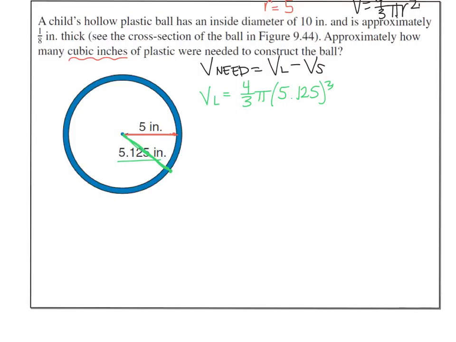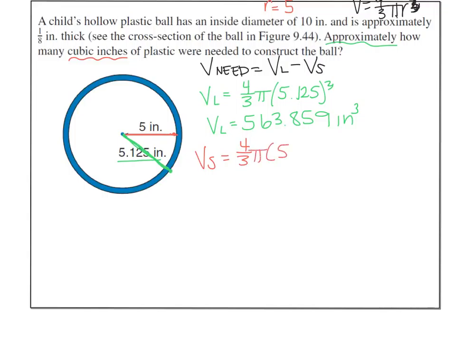Changing our formula, make sure that you double check what the formula is that you're supposed to have. Okay, so when I cube this and I figure out everything, I plug it into my calculator because we're going to use the calculator, that's fine. It says approximately, just make sure that you store your answers and keep them. 563.859 inches cubed.